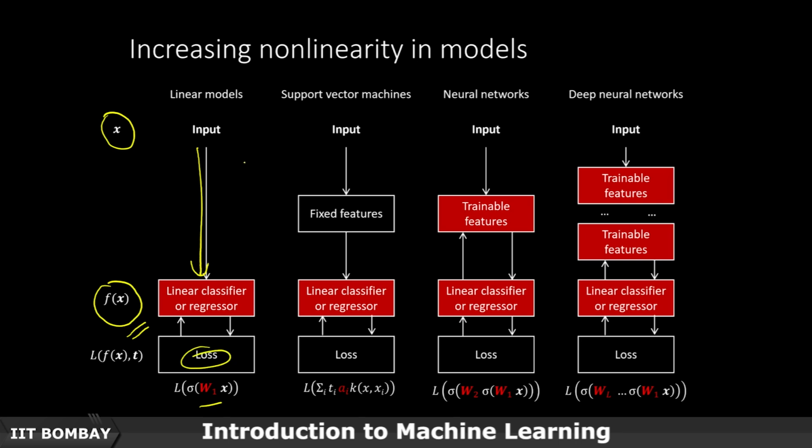Basically, your entire flow is such that the input goes into the linear classifier or regressor where it gets multiplied with W. If it is a regression then nothing else happens, but if it is classification we also send it through a fixed function sigma, and whatever comes out of that, which is y equals f of x or y equals sigma of Wx, is compared with t_i. That could be a mean square error comparison, or it could be a cross entropy comparison, depending on the problem.